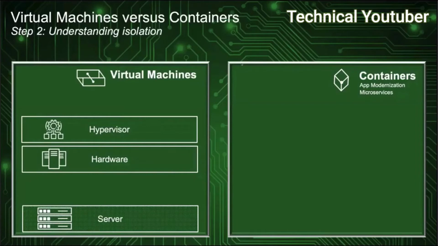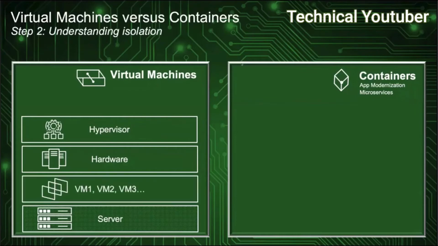Let's imagine in our base layer, we have one server that is in a rack somewhere. However, we want to take our resources and split them up so that we get as much use out of that server as possible. We take our hypervisor and we make VM1, VM2, VM3, and so on.